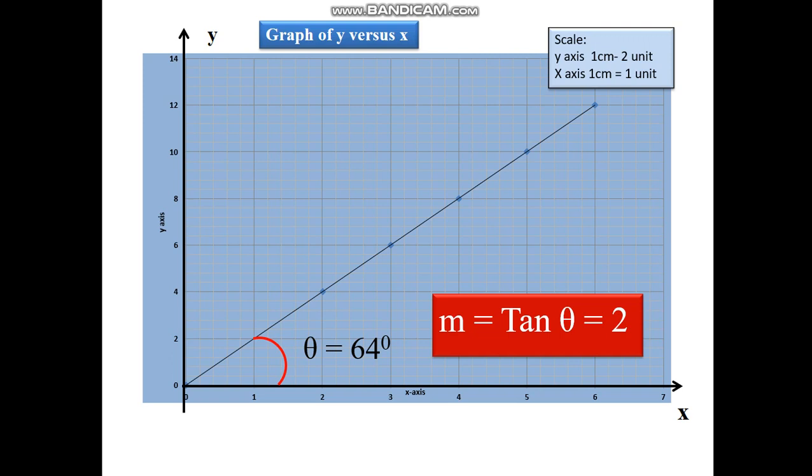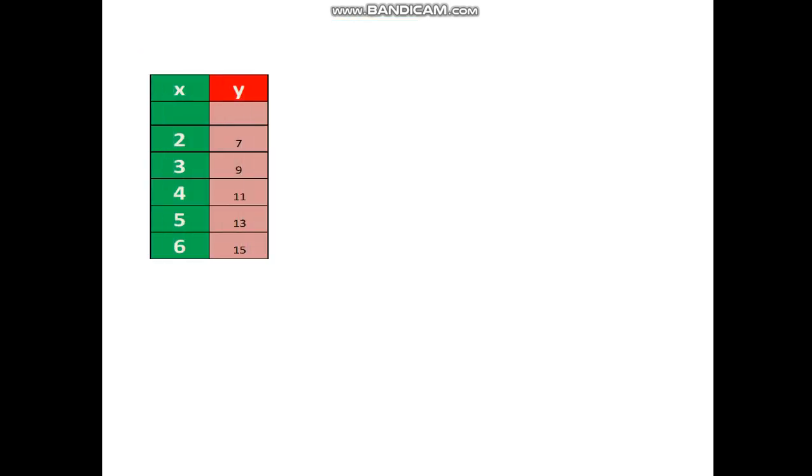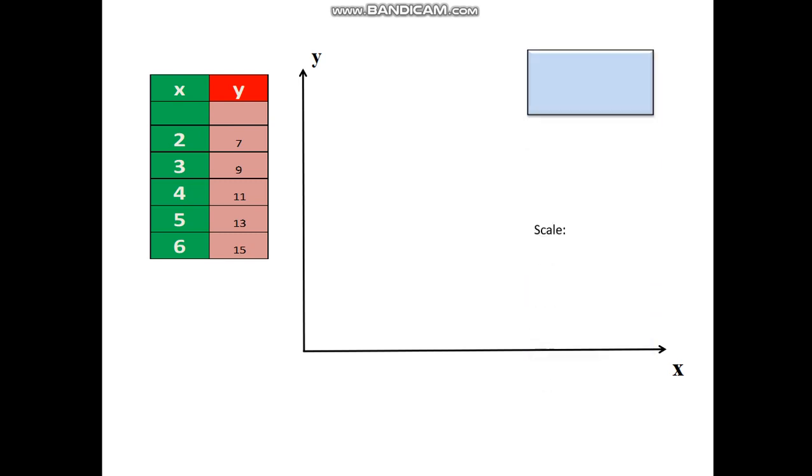Now let us see another graph. The slope is 2 over here. Let us see how. So we plot the x. The x is the same as the earlier example, but the y is different. So we plot this graph of y against x with the same scale.